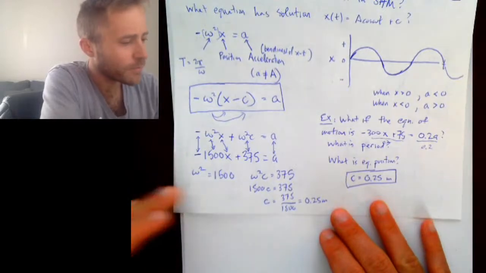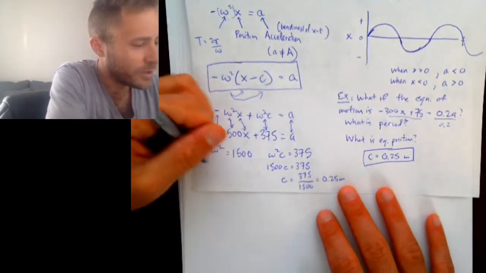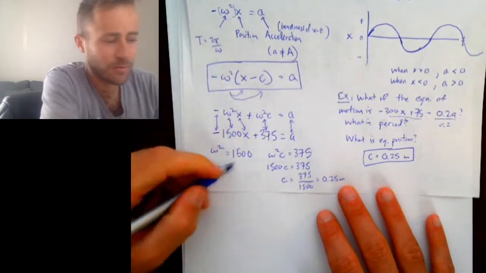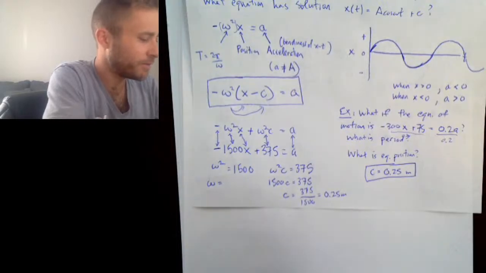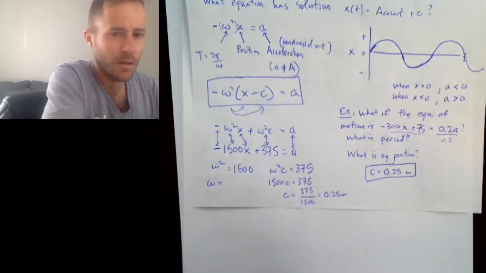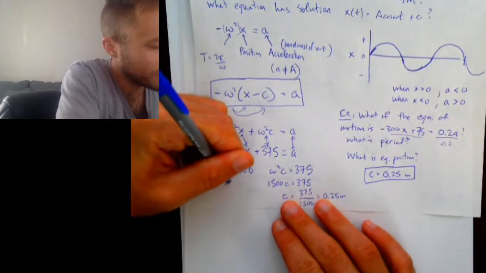Now we need to get the period. So we take the square root of both sides here to get the square root of 1500, which is 38.7 radians per second.